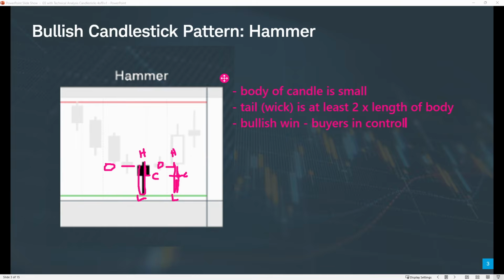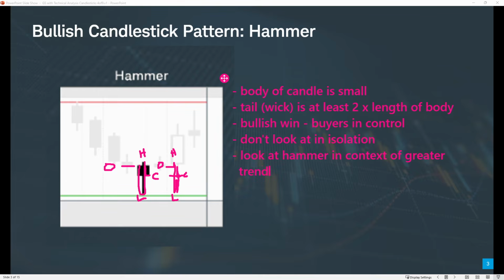I'm referring to this candle as a candle created in one day. But it's important that in spite of the fact that this is a bullish win for that day, we don't want to look at it in isolation. By that, I mean that we want to look at this hammer in the context of the greater trend that is appearing on the charts.